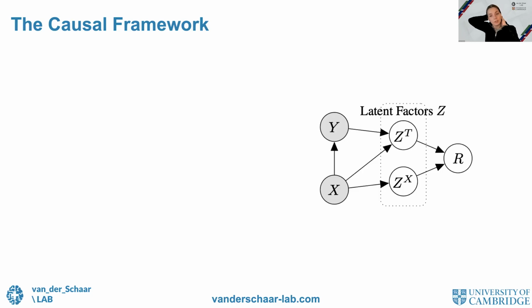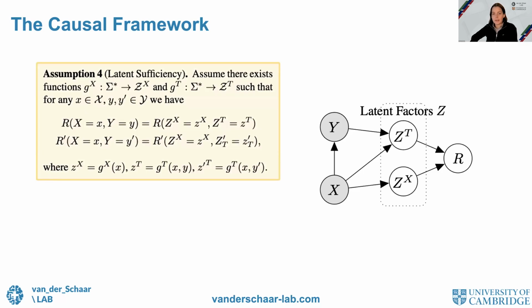And then the latent treatment model requires far weaker assumptions to guarantee identifiability. And we introduce two new assumptions, which will replace one of the three previously introduced assumptions. So now we will define the assumption of latent sufficiency, which states that rewards are essentially a function of the latent factors.